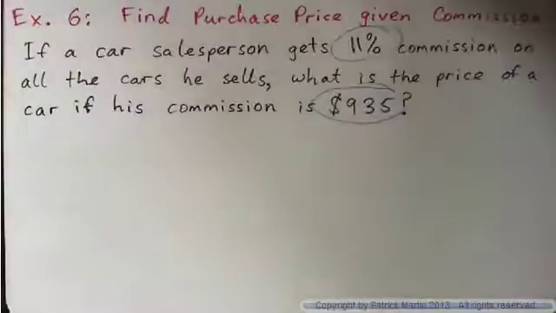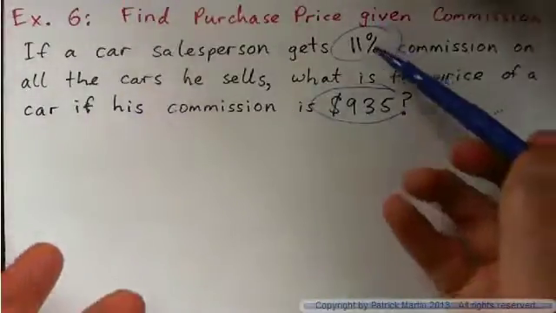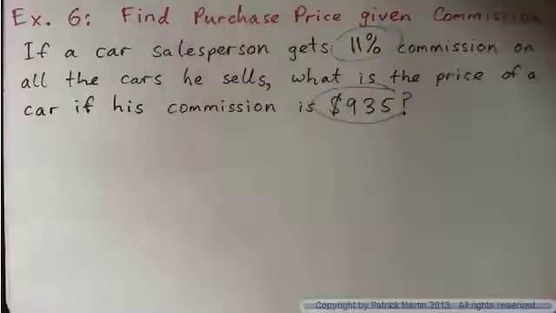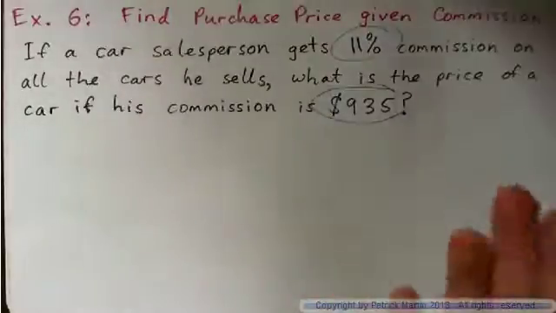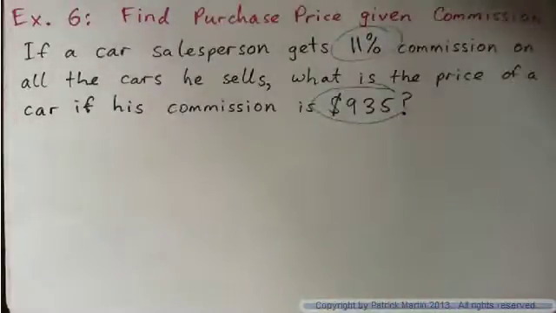So you're given the commission amount. You're given the commission rate. You have to then calculate what was the original price. Now the price, it's the price without the commission added onto it, just the actual price of the car. Okay. Well, sorry, long story. Yeah, it's the price of the car. You know what I mean.